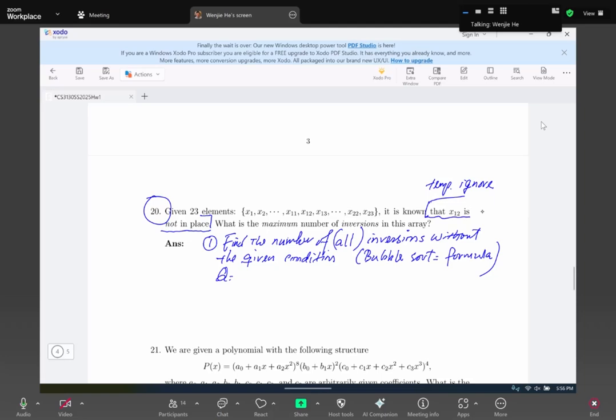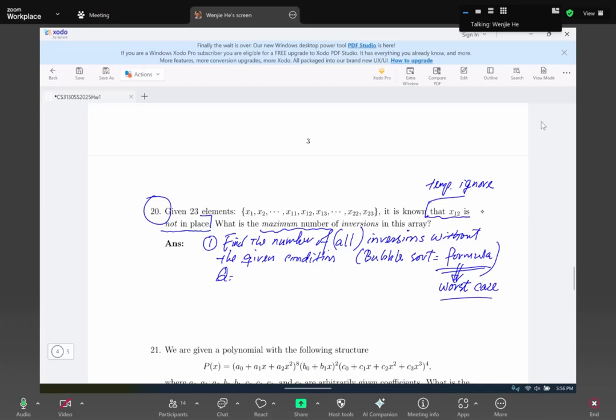So here, we know this number of inversions. The formula we know, because the maximum number of inversions corresponds to the worst case, right? Worst case for sorting.